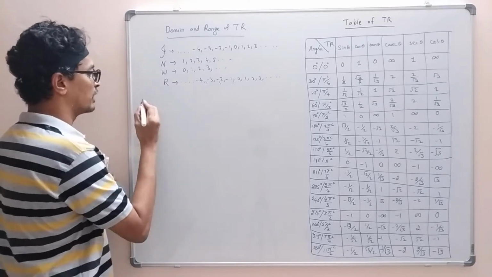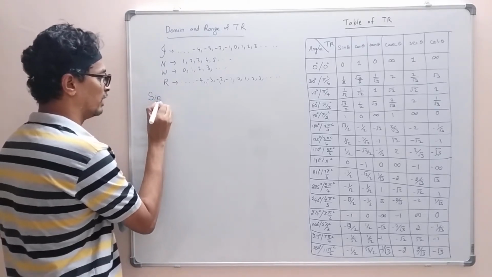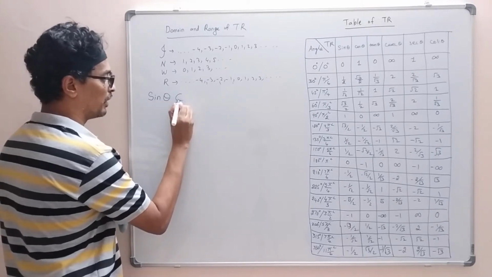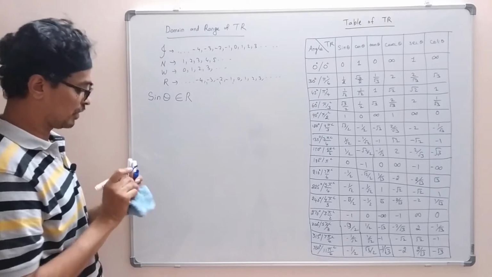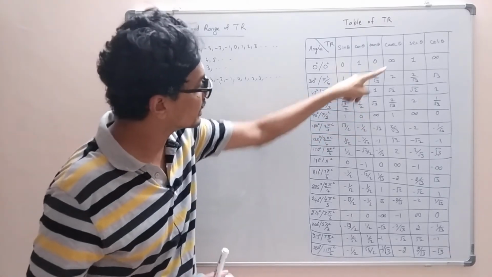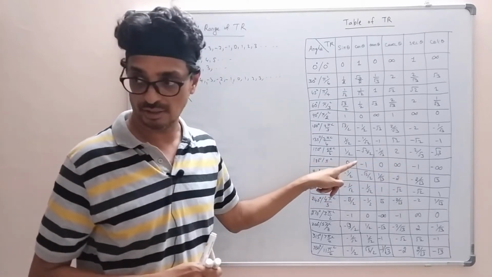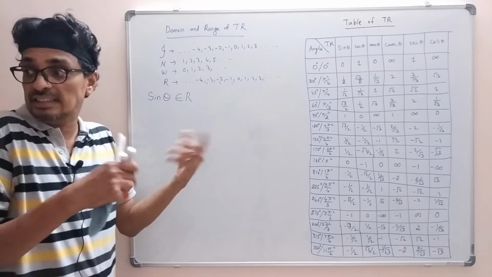So let us see what is the domain of sin theta. Sin theta is an element of the real numbers. But remember, we have infinity, minus infinity and plus infinity. Infinity is an undefined number.